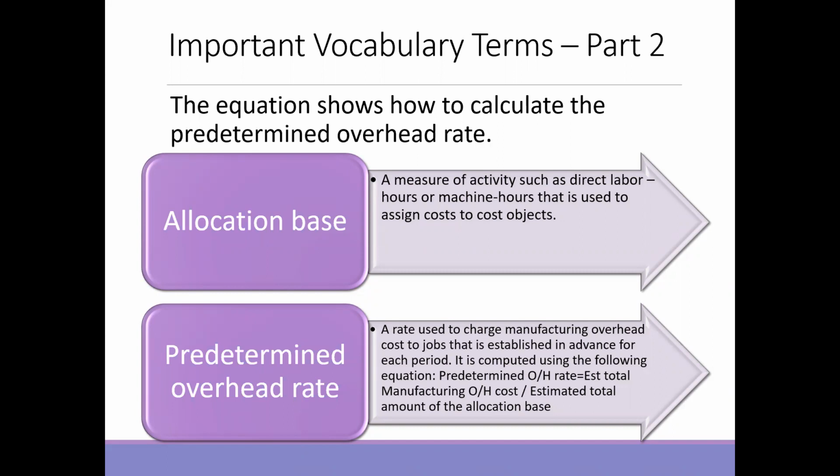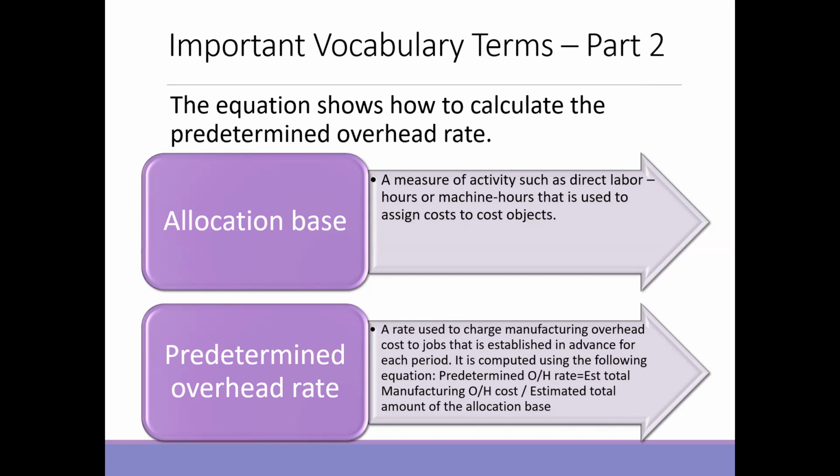So the allocation base is what we use for allocating that manufacturing overhead to the various different jobs. Now, last week, we also talked about the predetermined overhead rate. This is the rate used to charge manufacturing overhead costs to jobs that gets established in advance for each year. So we don't know all the actual manufacturing overhead that's going to be put in this huge bucket.